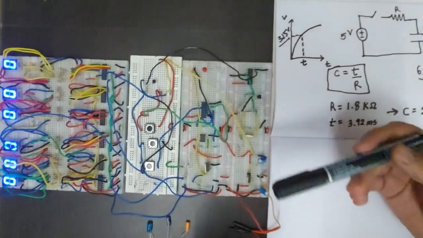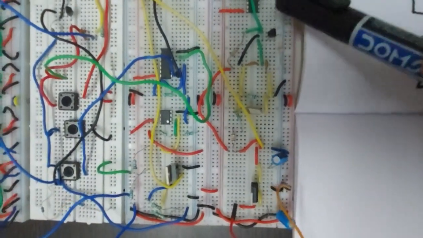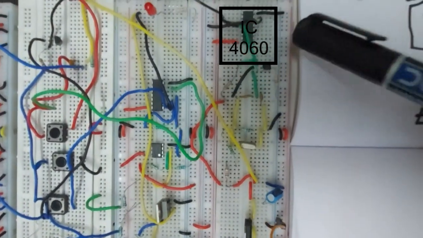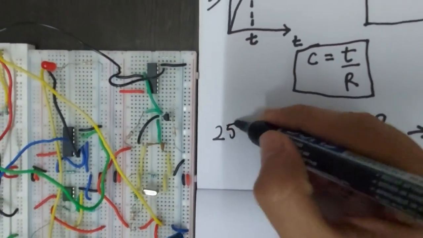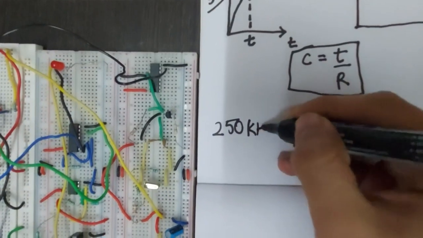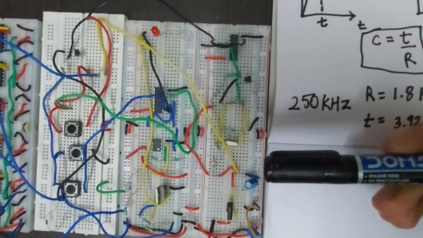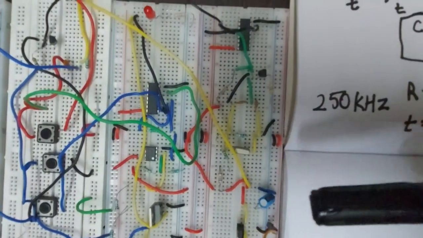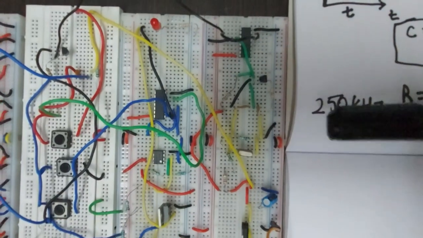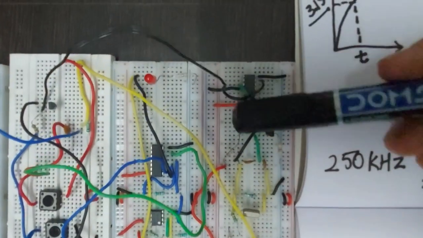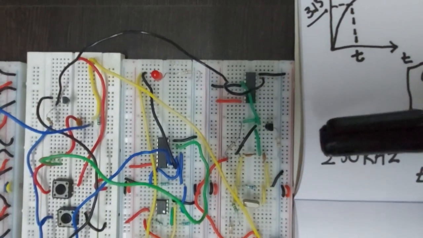First of all, in the oscillator circuit we have used the CD4060 IC to generate 250 kilohertz of frequency through the oscillator. We have used a crystal oscillator to interface with the CD4060 IC. We have used pin number 7 of the IC, Q3, as the output pin of the IC.